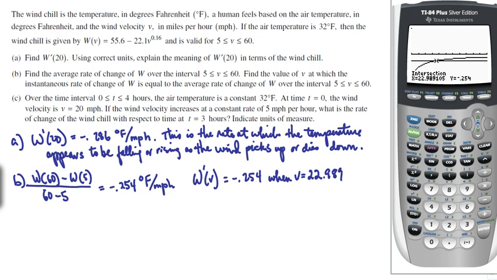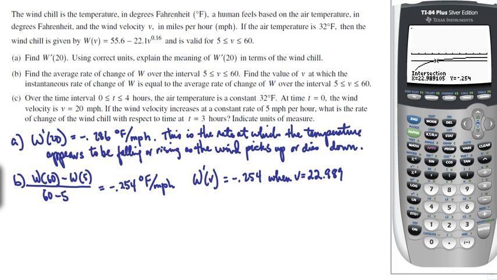So this statement is very convoluted, and we'll have to unwind it a bit. One thing that might help is to try to identify what it is that we're looking for in the end. That may direct us as to what we need to set up. So what we're looking for is the rate of change of the wind chill with respect to time at time t equals 3 hours.